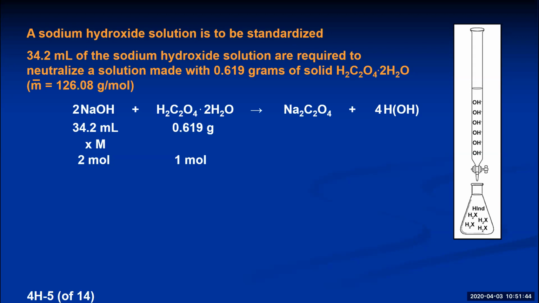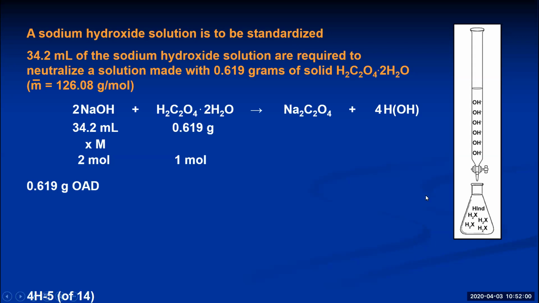So to do the calculation, first step is to always start with whatever substance you can convert its data into moles, and that's the oxalic acid dihydrate. So I'm going to take the 0.619 grams of OAD, oxalic acid dihydrate, convert it into moles.